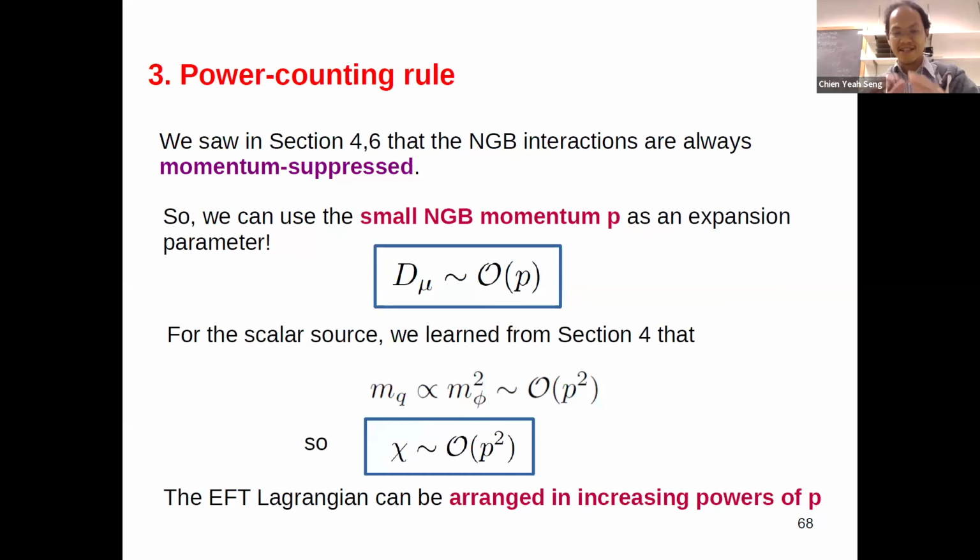So now this is the simple rule: the derivative counts as P, the scalar source counts as P squared. So we can arrange the effective Lagrangian by counting the number of derivatives and the number of powers of the scalar source, and then arrange it into P squared, P^4, P^6, and so on for the pure mesonic chiral Lagrangian.